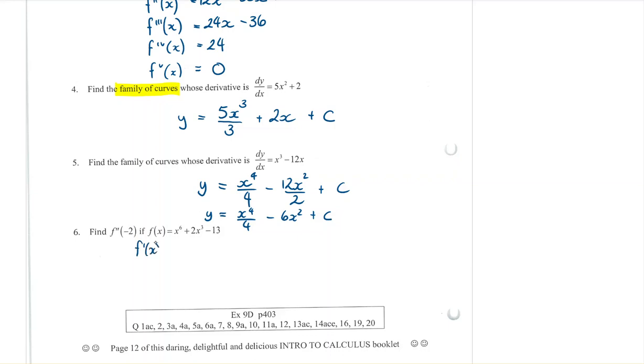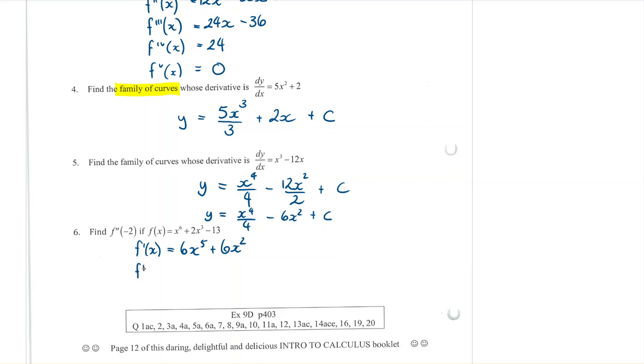F dash x, the first derivative. The 6 comes down the front. Keep the x, subtract 1 from the power, so it becomes a 5. Second term, the 3 comes down and multiplies with the 2 to make 6x, subtract 1 from the power is squared. The minus 13 is a constant, so it's going to disappear.